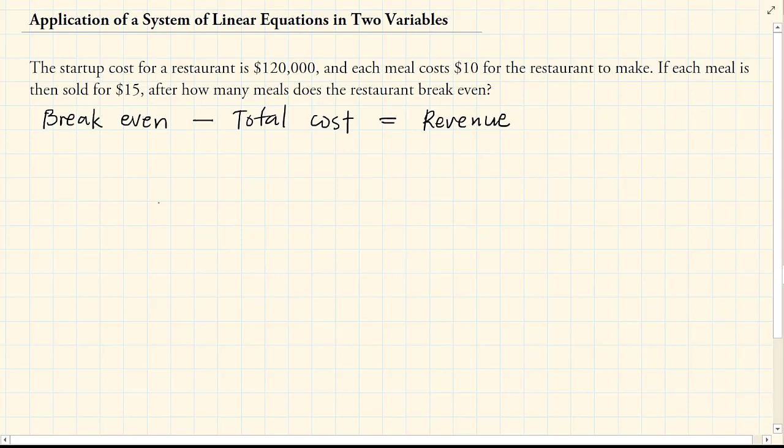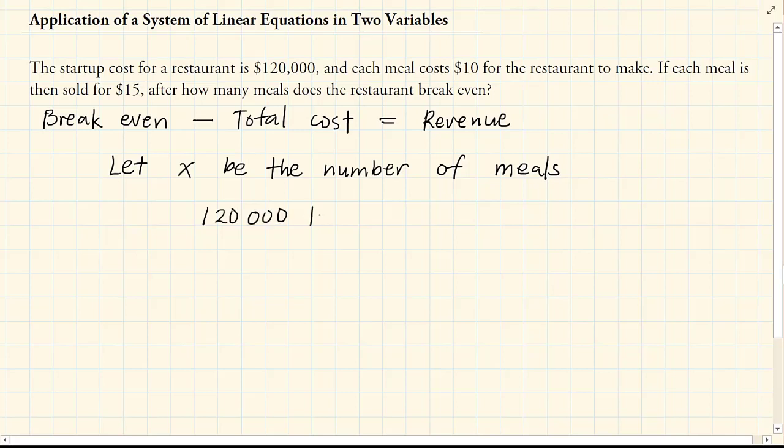Okay, so if we let x be the number of meals, diba? So the total cost now is 120,000 plus yung bayad nila for each meal, that's 10 times x, diba?